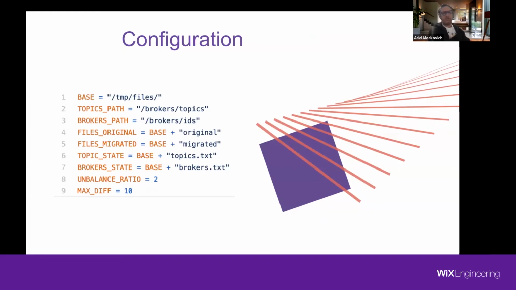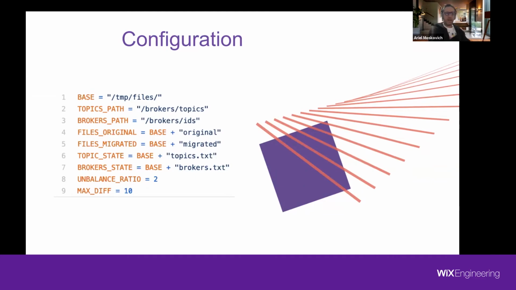This is the configuration of this process. This configuration represents, first, the base directory where I will create both the original files and the migration files. Also the paths that I need to use in order to get this information from Zookeeper.